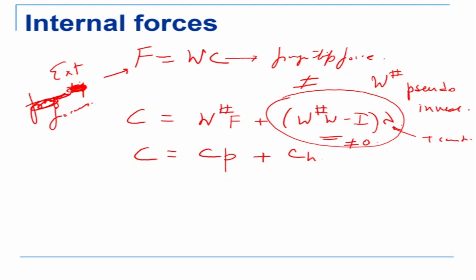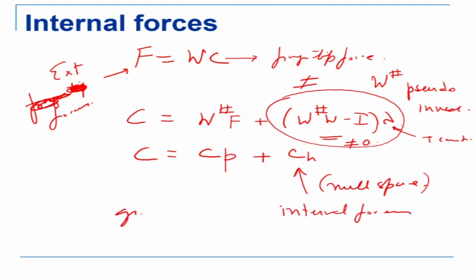Now what we are seeing is that even if the external forces are 0, which means the weight of the object is 0, even then you'll need fingertip forces. Those fingertip forces will belong in the null space, and these are forces in the null space, which we also call internal forces. That means for grasping, you need internal forces, otherwise you cannot grasp.